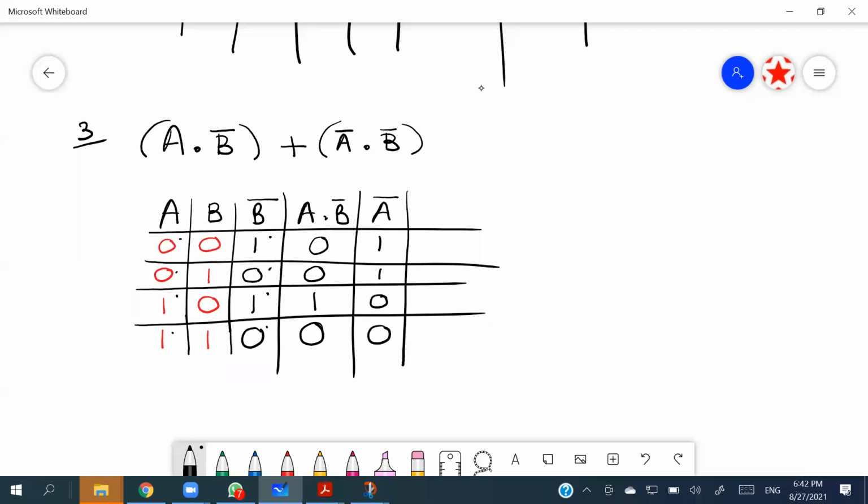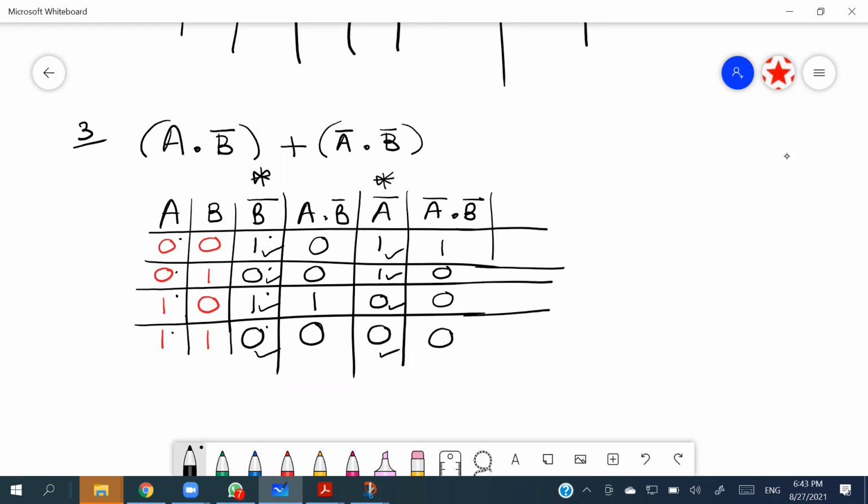Now we can create A bar dot B bar by considering these two columns. So 1 into 1 is 1, 0 into 1 is 0, 1 into 0 is 0, 0 into 0 is 0. Right? Yes, Dihan, that is going to be the final answer.